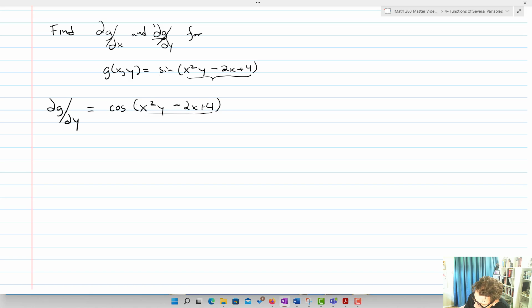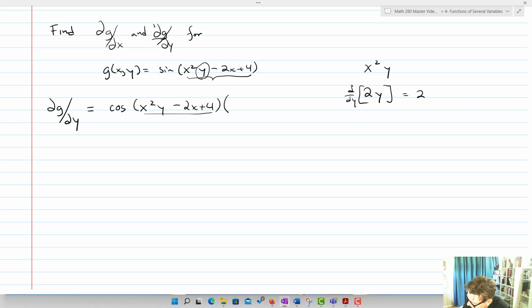And so this is what we're going to see here. Since we're doing dg dy, we're going to treat the y as the thing that's changing and the x as a constant. So x squared y, you're like, well, what's the derivative of x squared y? Well, if you had 2y and you took the derivative d dy of 2y, it would just equal 2.